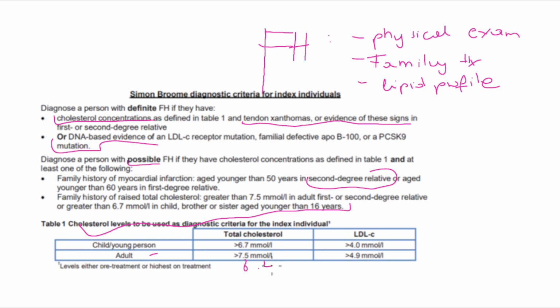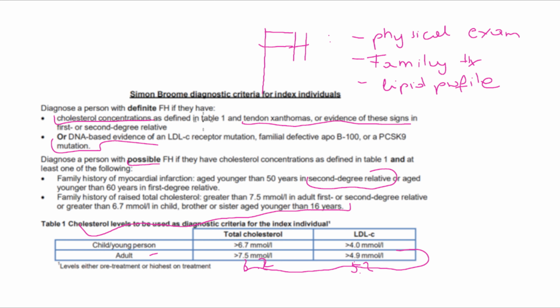In the criteria for definite familial hypercholesterolemia, the total cholesterol should be more than 7.5, so it's 8.2. LDL is 5.2 millimole. Again, it's more than 4.9. So she meets this criterion about cholesterol concentration.